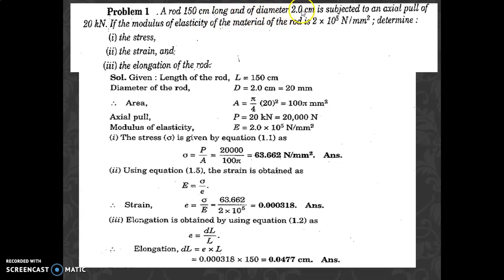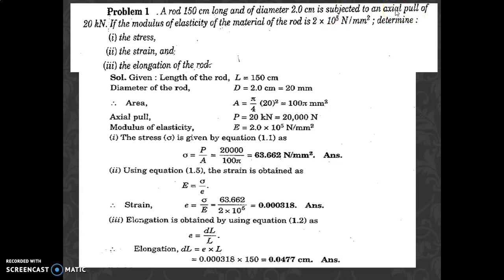The diameter of the rod is 2 centimeter. Once again, this diameter is given in centimeter, and we will have to convert that into millimeter. So diameter we will consider as 20 millimeter.